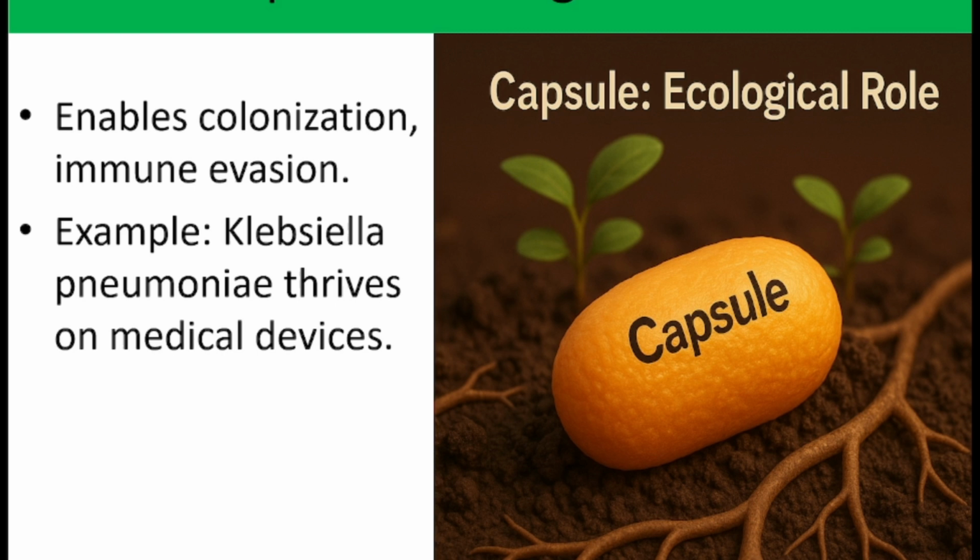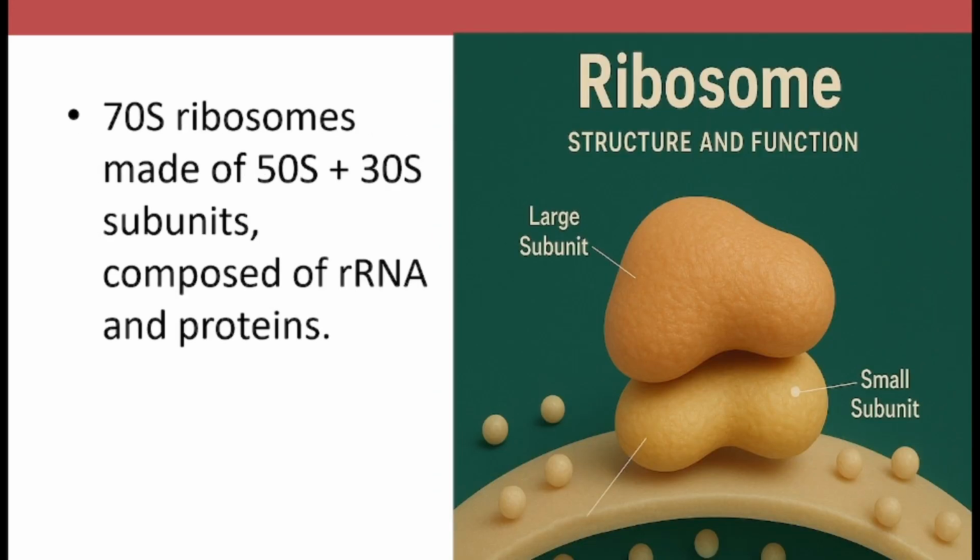If you want to sterilize medical devices, you subject them to autoclave conditions, which is about 221 degrees centigrade, and any capsulated organism is capable of withstanding high temperature as well as high pressure.